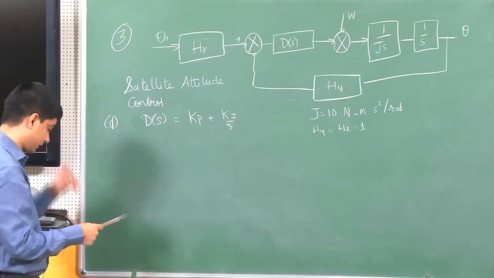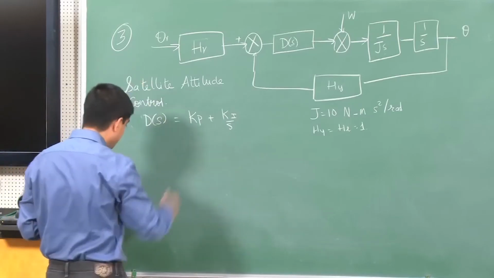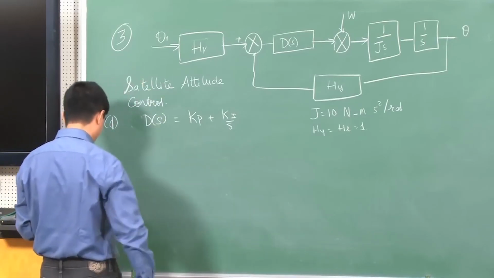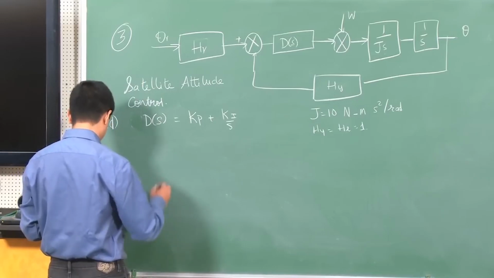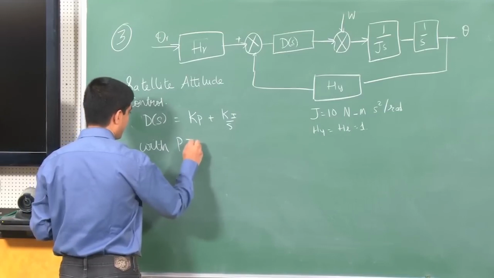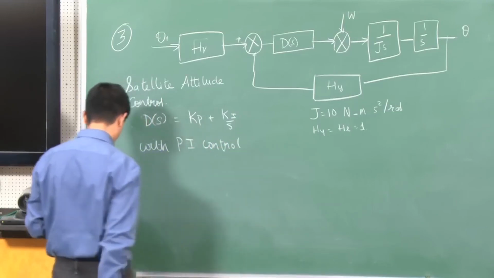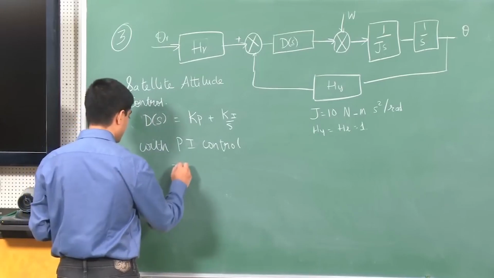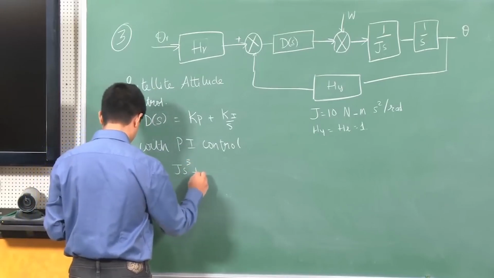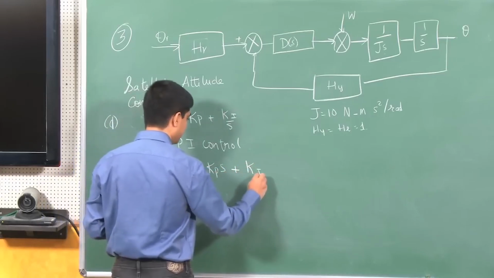Okay, so what does this controller do? And this again is not very different from what we did earlier. So in this, with PI control, the characteristic equation becomes Js cube plus Kp s plus Ki equal to 0.